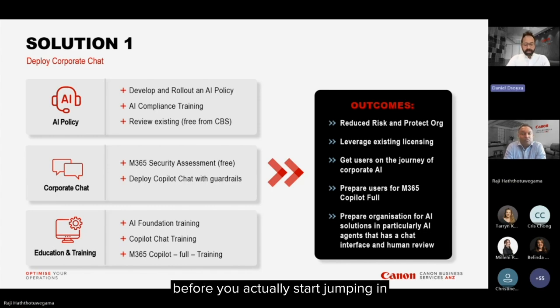Like I was mentioning earlier, before you actually start jumping in and deploying technology and starting up projects and deploying agents across your environment, the first thing you need to have is that governance structure behind that. You need to understand what you intend on doing, how that aligns to your business goals and objectives, and the environment that it sits within. The AI agents or any technology that you deploy doesn't sit in isolation.